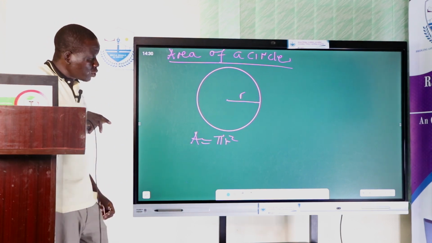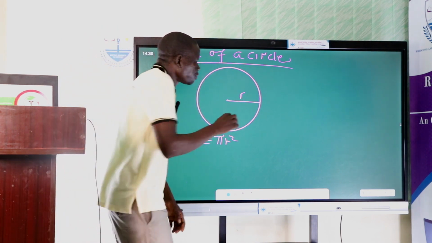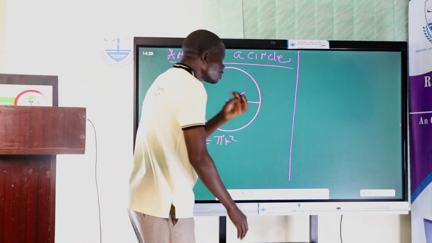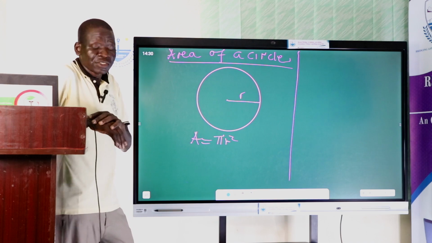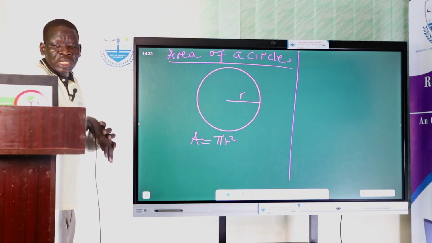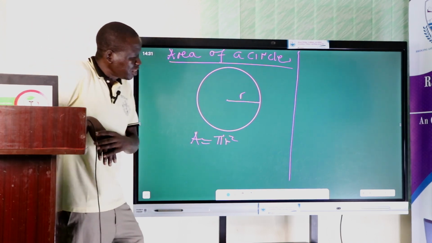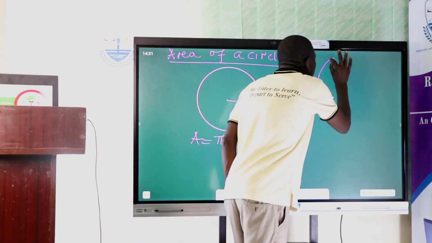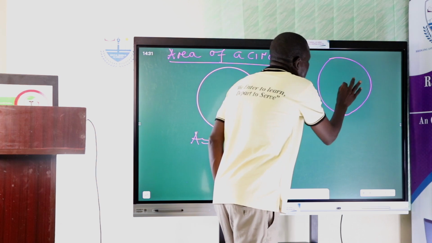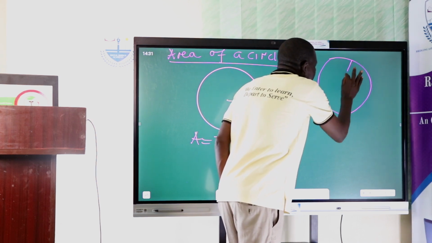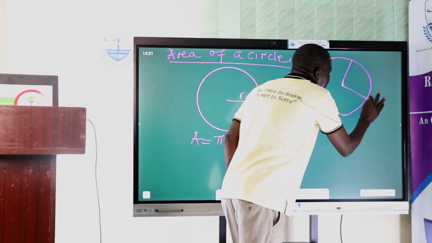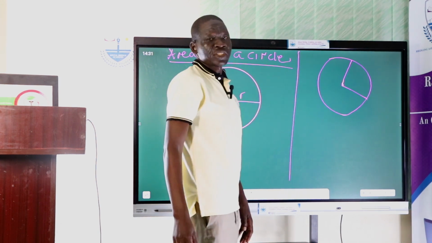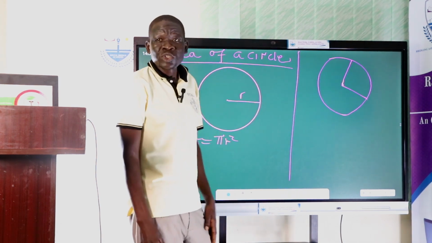The circle can be divided into some parts. Part of the circle is what is referred to as a sector. Now, this is how a sector is formed. This is the circle, and then I have this as a radius, and then another radius here. You can see that the sector is formed by two radii.